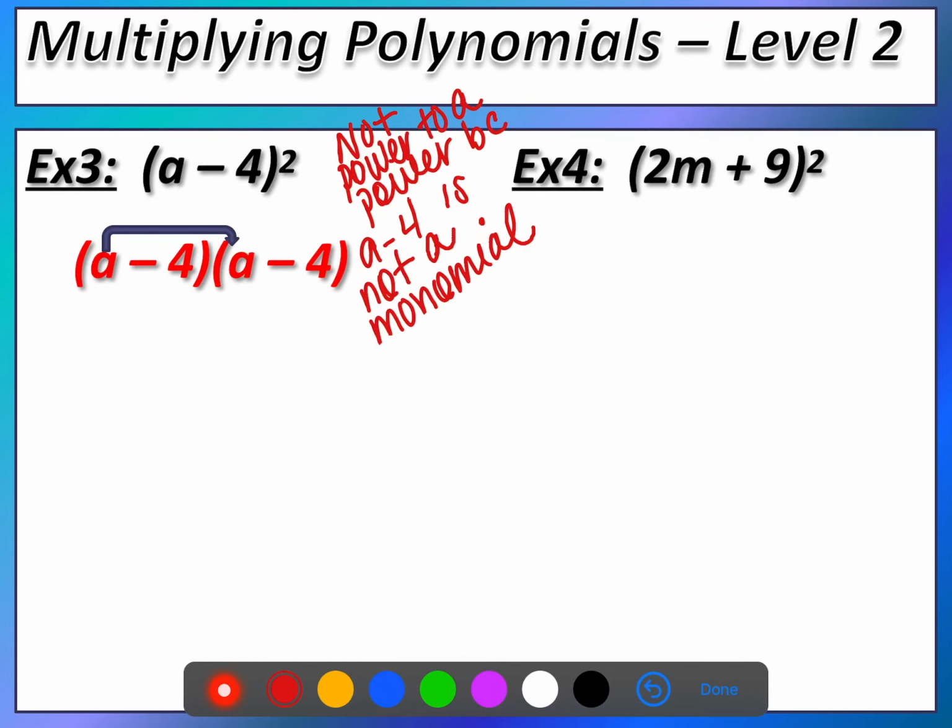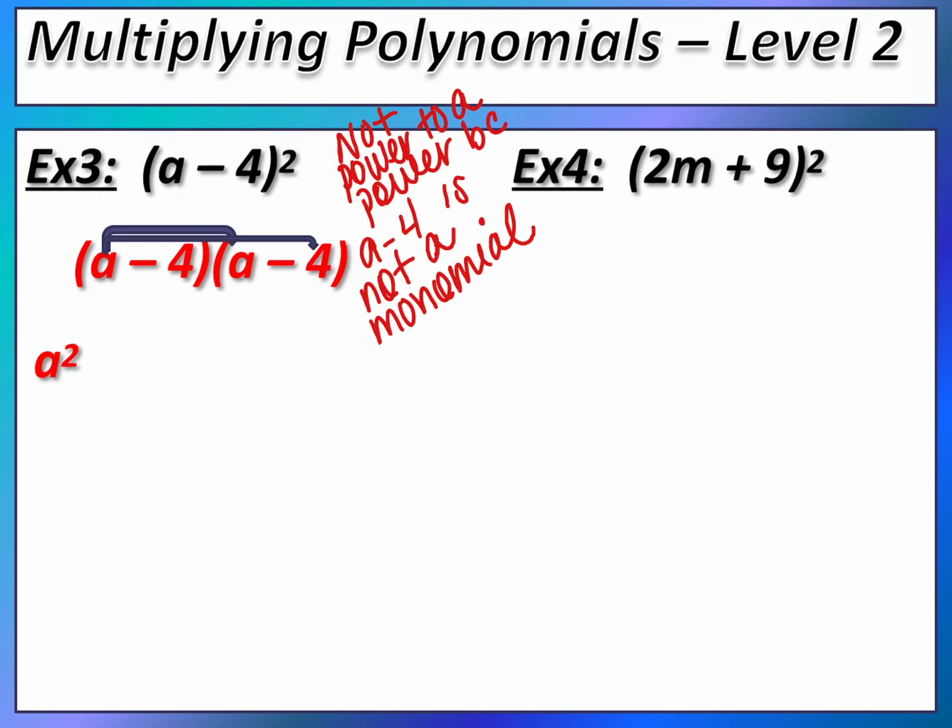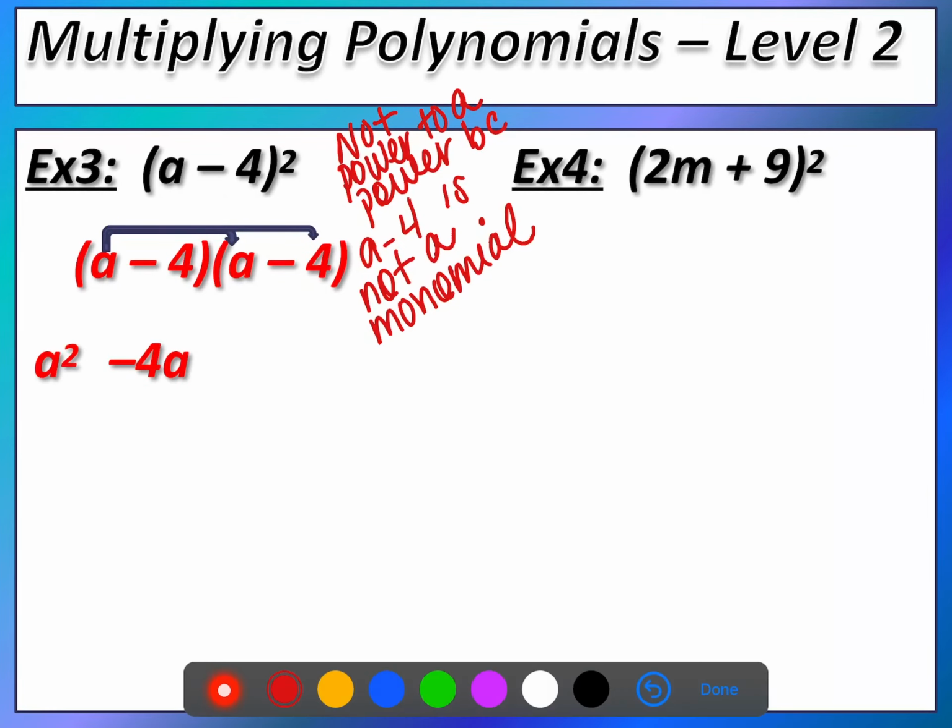So if I do first, a times a, remember, add the exponents. It's a squared. Outer gets me minus 4a. Inner gets me minus 4a as well.